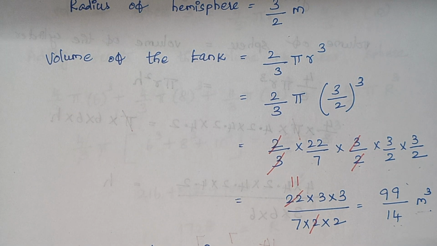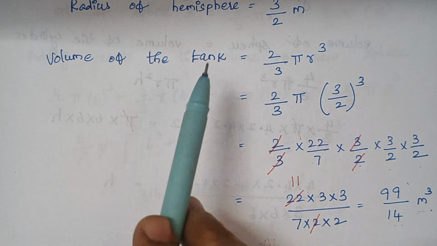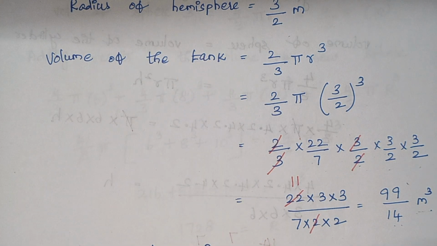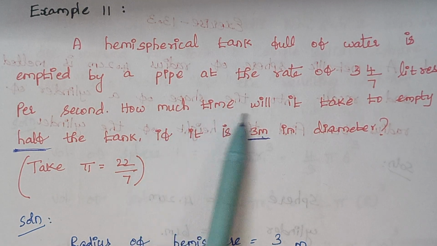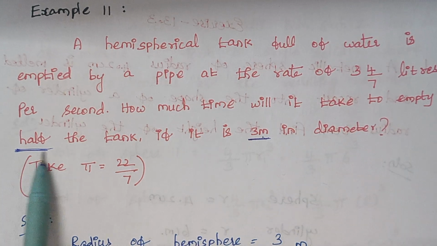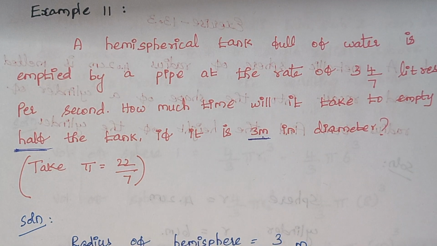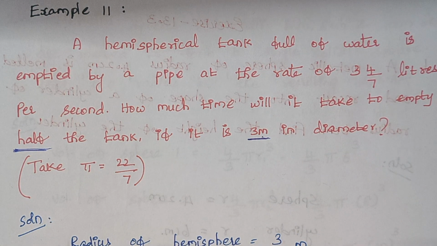Now, how much water do we need to empty here? Only half the tank. This is the volume of the entire tank, but we need the volume of half the tank, because when we look back at the question, it asks how much time it will take to empty half the tank. Now we have calculated the volume of the full tank, so we need the volume of half the tank.